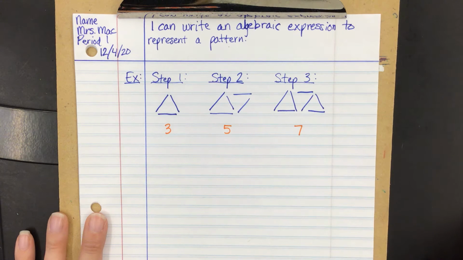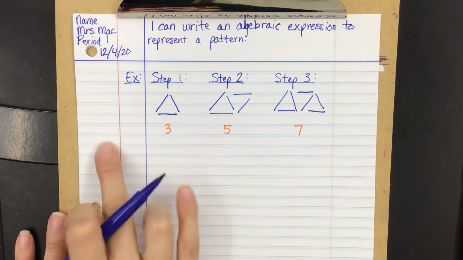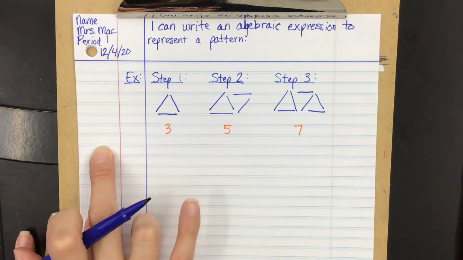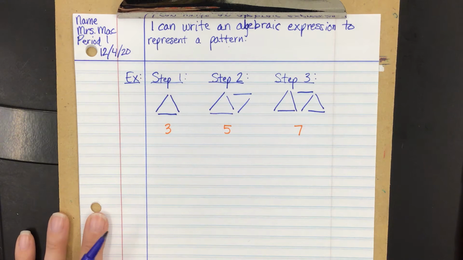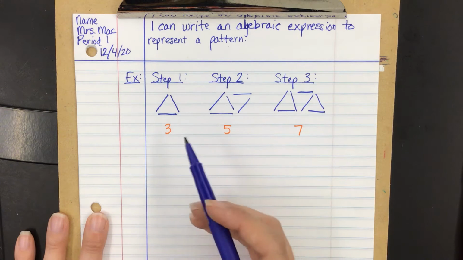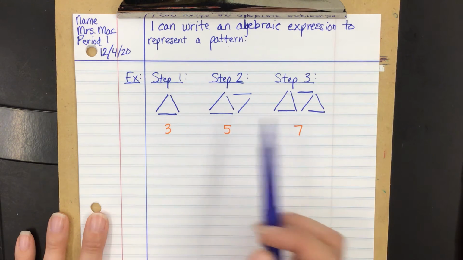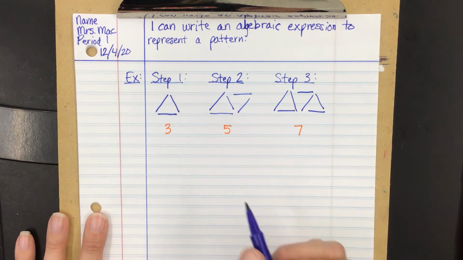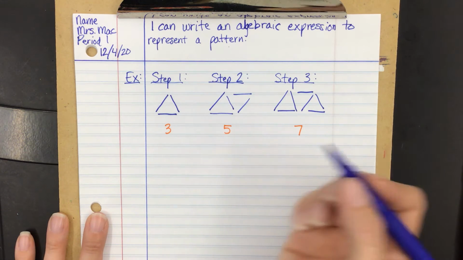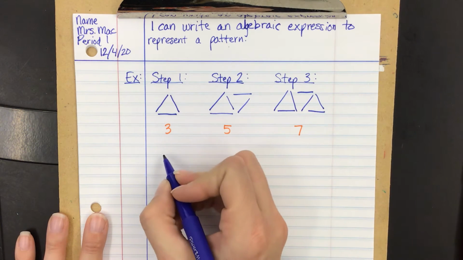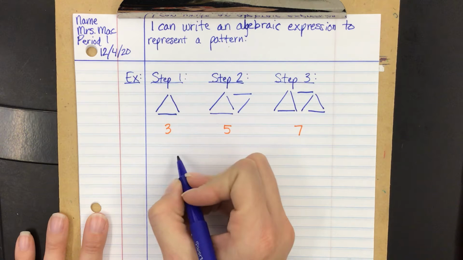Now, another strategy tool that you're going to want to incorporate is you have to go back to step 0 to figure out what the initial number of toothpicks was. Because when you get to step 1, you're already adding on toothpicks at that point, okay? So one way to do that is just to do a little T-chart.